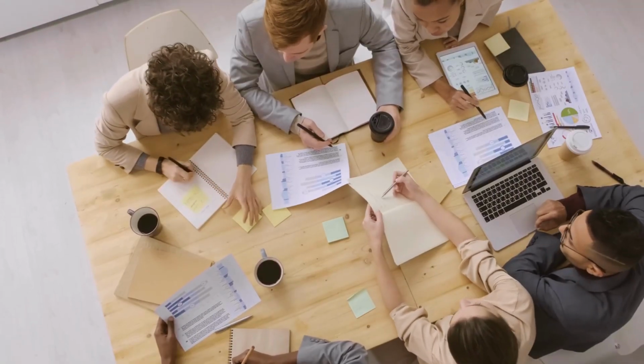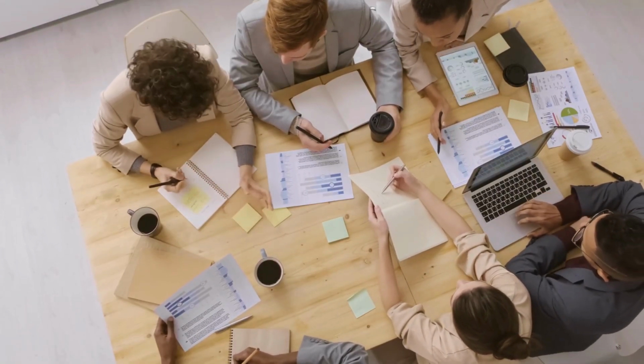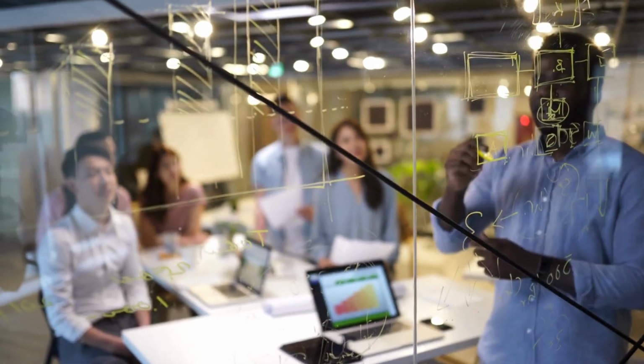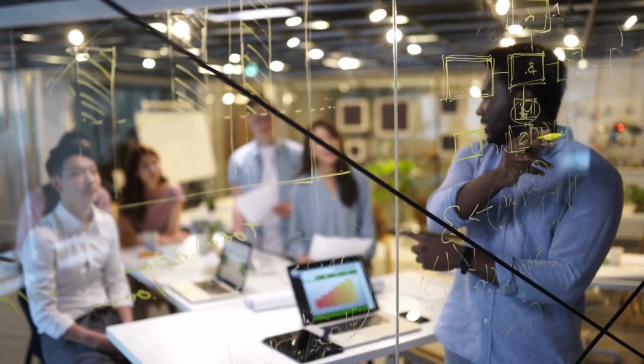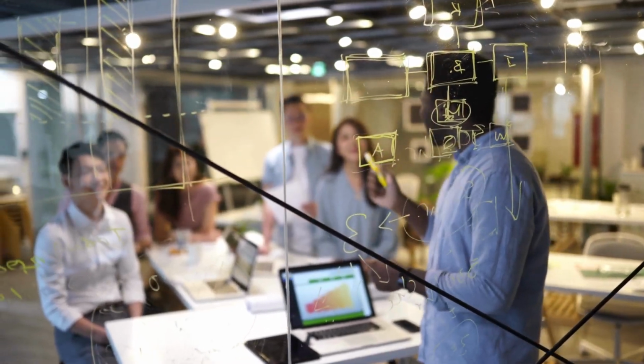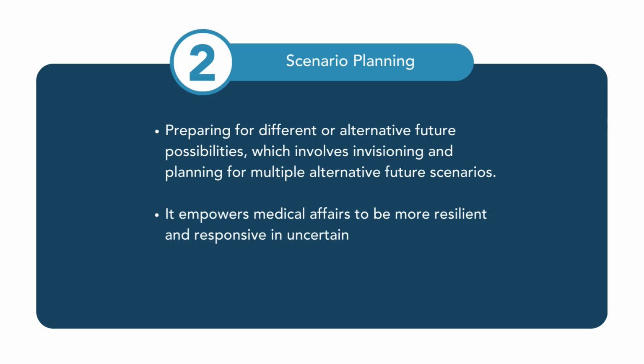By considering deficiencies and opportunities in such areas, we can highlight the differences that may help us to develop a specific response to each of these changing circumstances or scenarios. Scenario planning empowers medical affairs to be more resilient and responsive in uncertain and volatile environments.